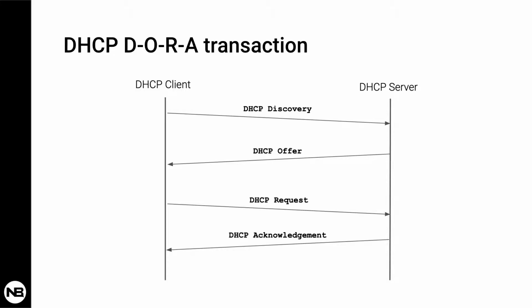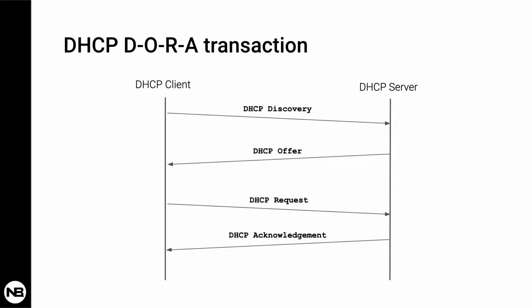This is very common on any wireless network, because clients come and go, and differently from servers, they don't have a static IP address. So DHCP is the protocol that enables unconfigured clients to get an IP address within the network.